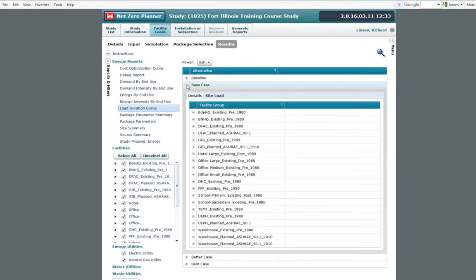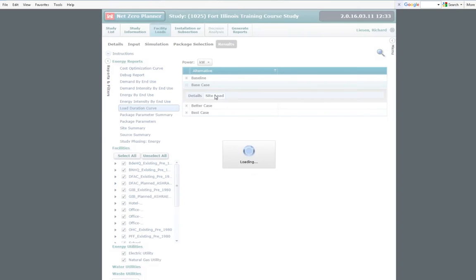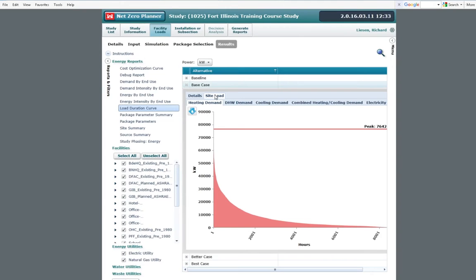So we'll look at that base case again, and I like to look at the site, and I have a lot of patience for this step right here, because right now it's downloading for each of those facility groups. It's downloading 8,760 hours of heating, cooling, electric energy, taking all those from all those different buildings, summing all those up coincidentally, and then sorting it from the highest to the lowest.